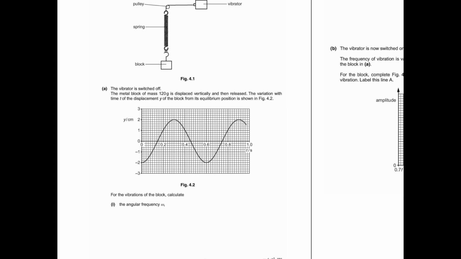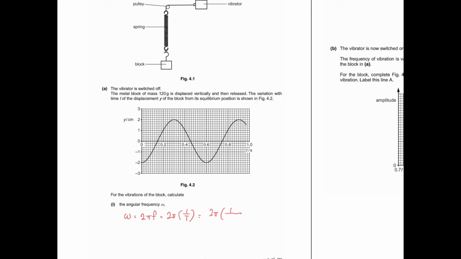For the vibrations of the block, calculate the angular frequency, omega. So angular frequency, omega, is 2 pi f, or 2 pi 1 over period. So let's find out the period.